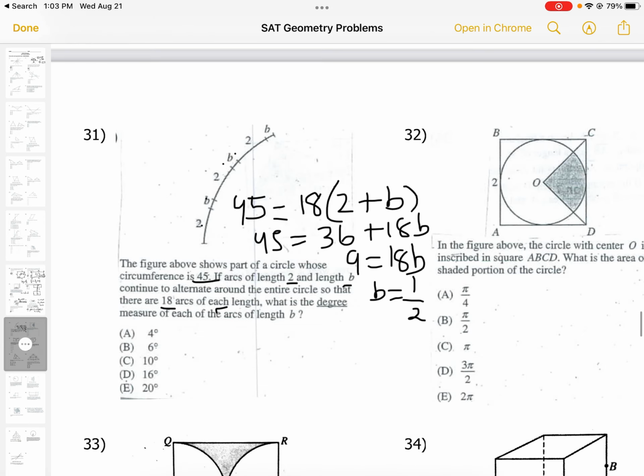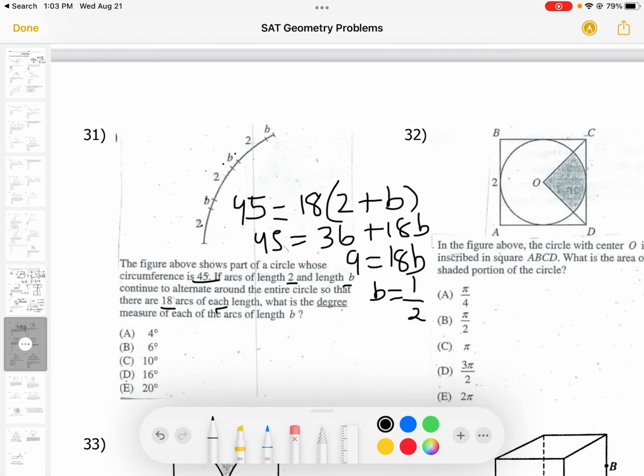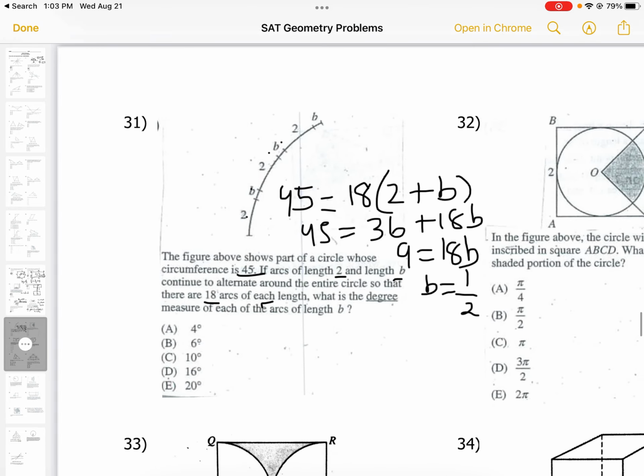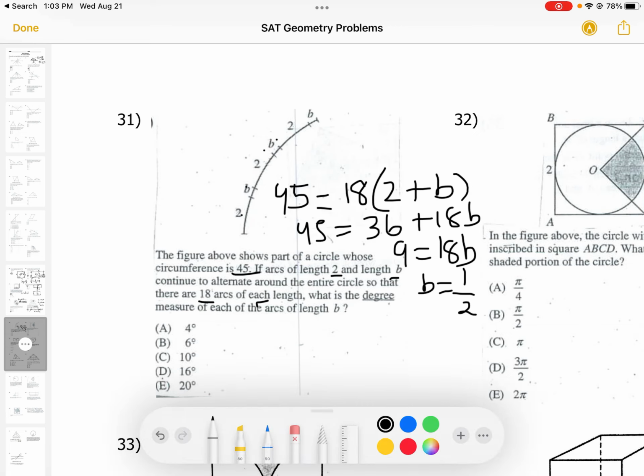Right? So we can set up a proportion here to find the degree measure of arc b. So we can say 1/2 over 45 is equal to x over 360. Right?